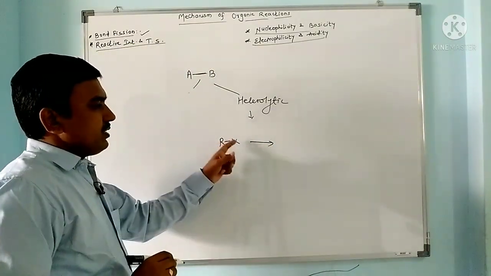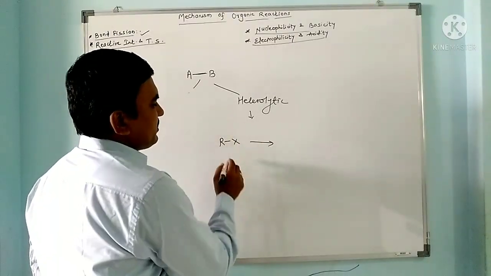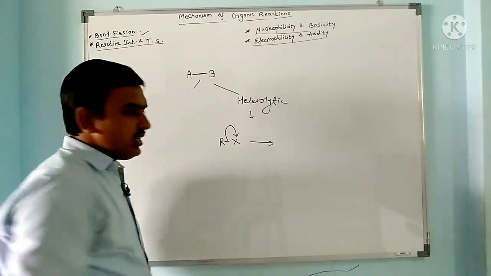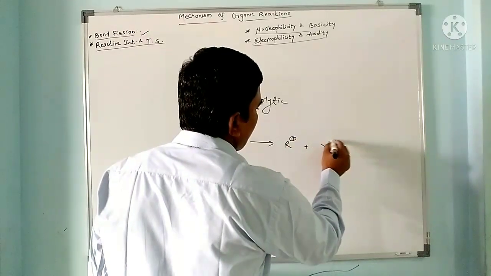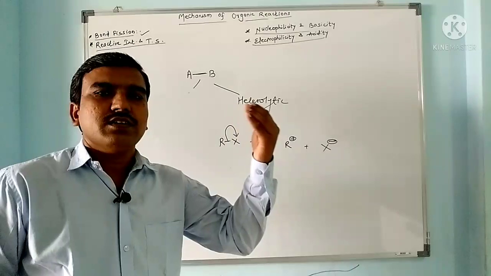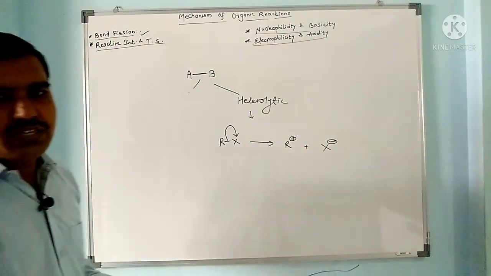The bond present between carbon and halogen gets polarized due to the inductive effect. So this electron pair shifts to X, and we get R plus and X minus. So heterolytic bond fission generates ions, cation and anion. So this is the heterolytic bond fission.